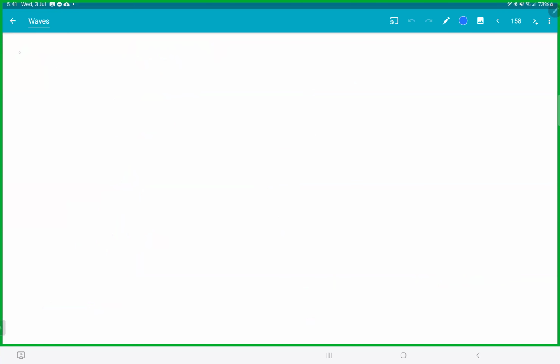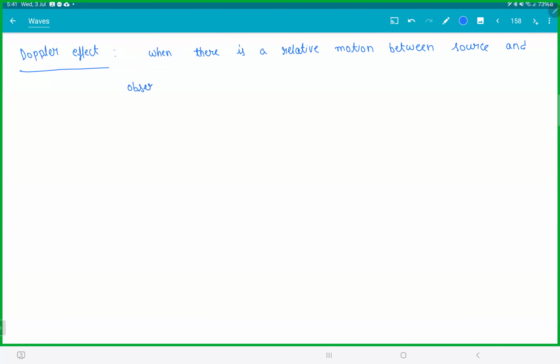So what's Doppler effect? When there's a relative motion between the source and observer, the observer hears a frequency different from the source.